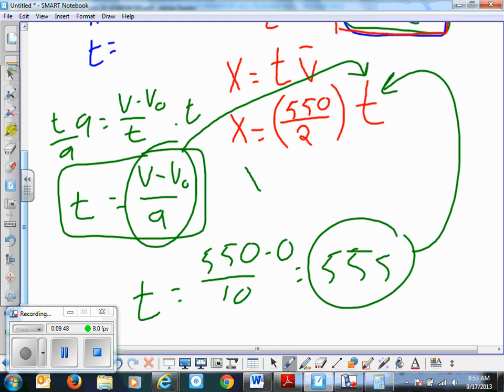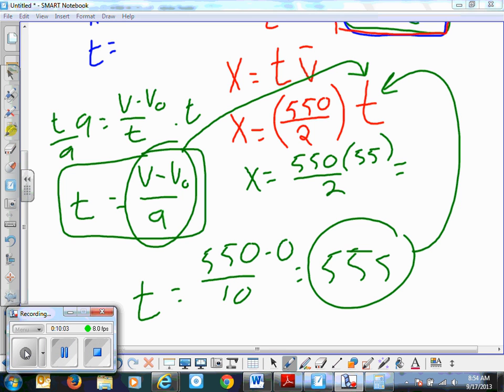So x then equals 550 times 55, all divided by 2, and our displacement that this plane needs to land then would be, so the answer then becomes 15,125 meters.